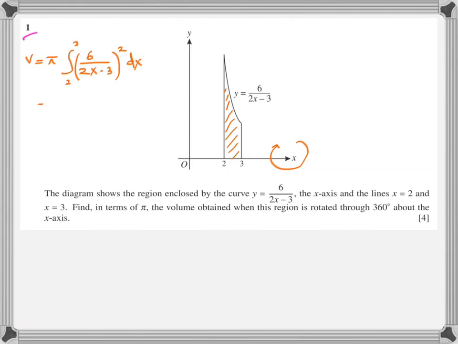The working is square the function, then integrate as usual, then plug in the limits. You plug in the upper limit first and then the second limit. Simplify and don't forget to multiply by pi. And definitely leave the answer in terms of pi.